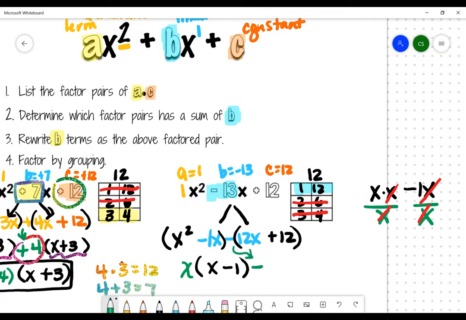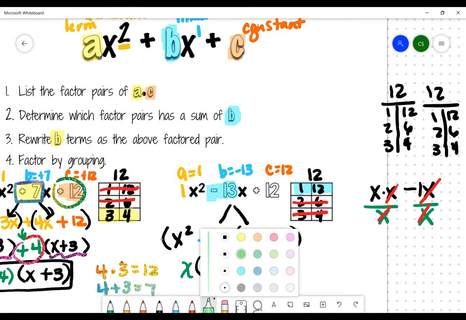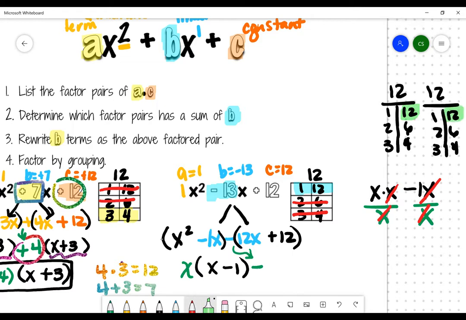Now between 12x and 12. What is the greatest common factor between 12 and 12? It's 12, so I can factor it out.